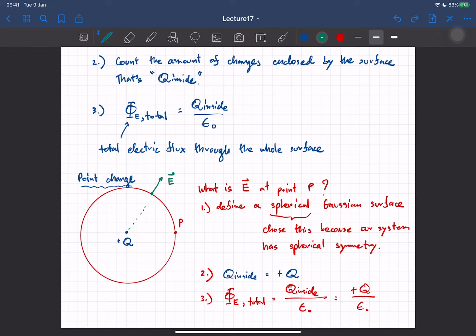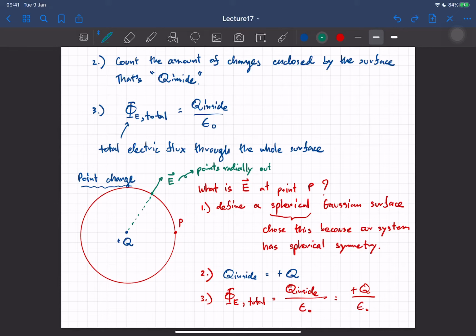Mathematically, we call this radially outward, so the electric field is pointing radially out from the charge plus Q. Radially means in the radial direction.